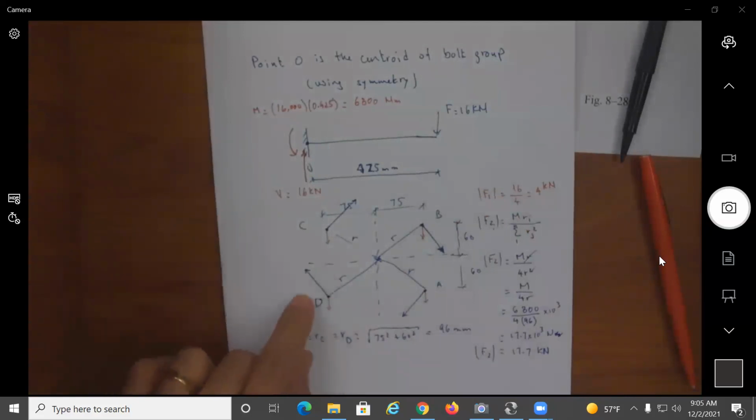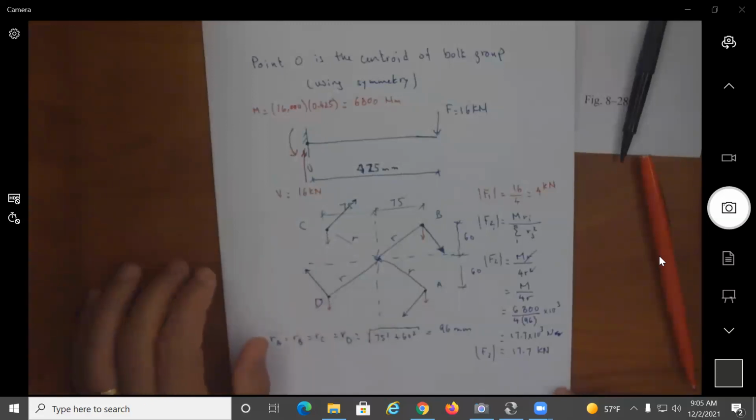Now, the resultant shear is the sum of the F1 component and F2 component. How do we figure these out? We can do vector addition, or do the components, or use the parallelogram rule. I want to find the resultant force that is acting at each of these.